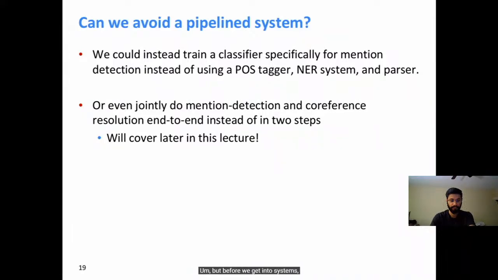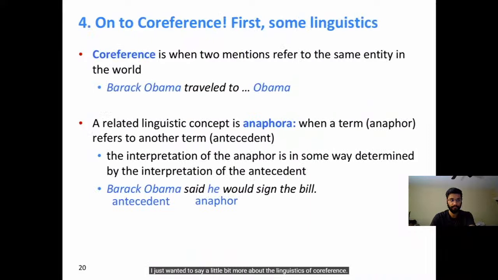But before we get into systems, I just want to say a little bit more about the linguistics of coreference. There's actually quite a lot of interesting stuff here, and to a fair degree, it's not actually stuff that's been thought about very much by people who build NLP systems, right? I already mentioned from the Shruti Rao story the example of split antecedents, right?